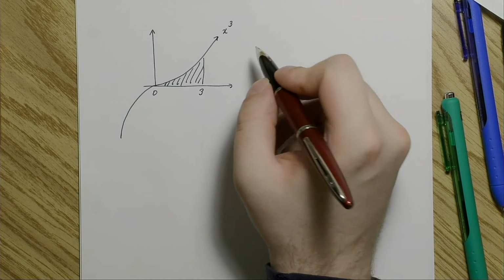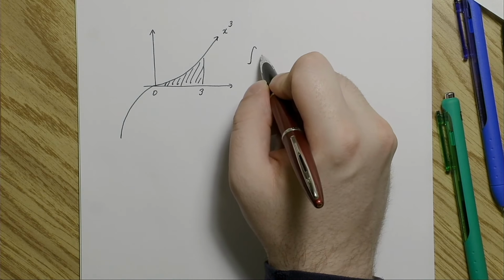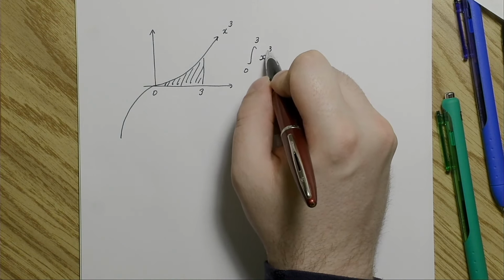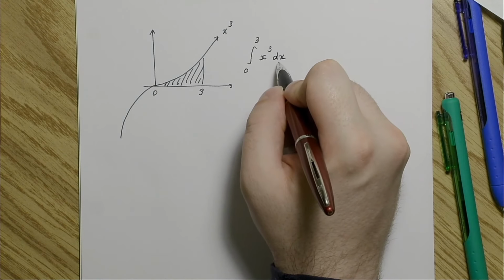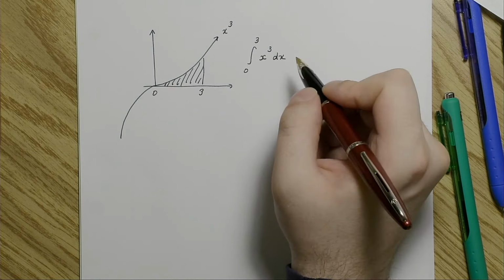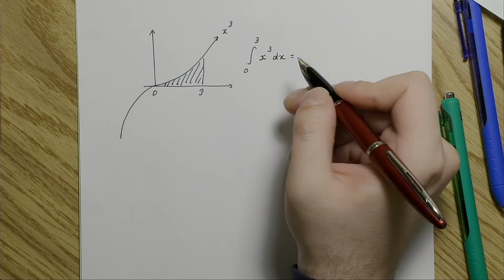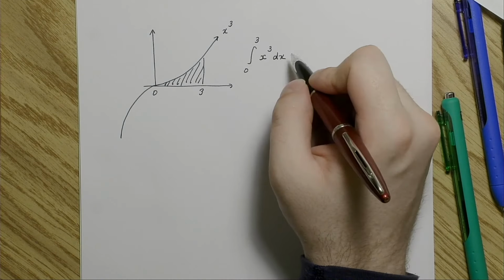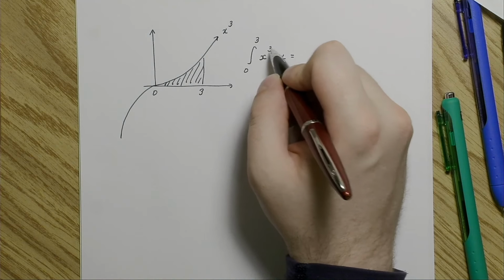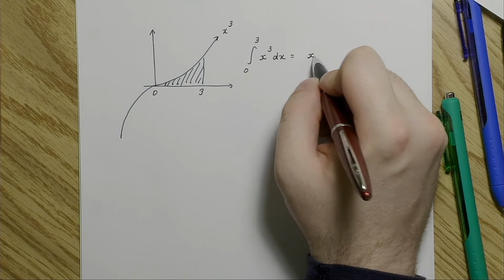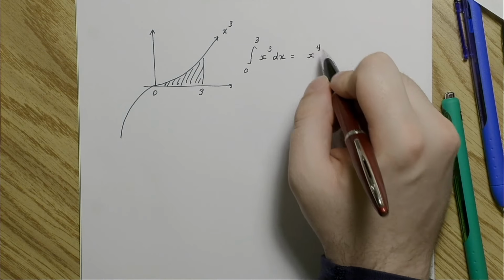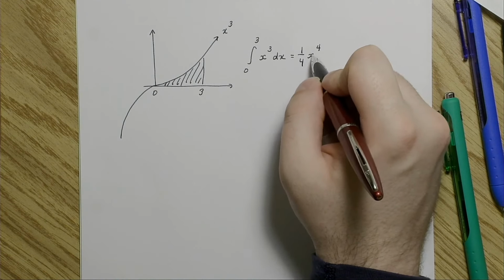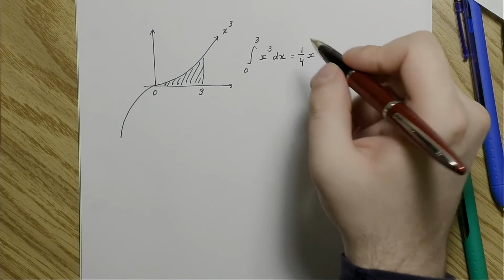So the first thing you'll have to do is write the integral from 0 to 3 of x cubed dx. That's telling me I'm taking the integral with respect to x. So the way I would write this is you take the integral, so the exponent goes up by 1, and you also put that same exponent in the denominator in front.